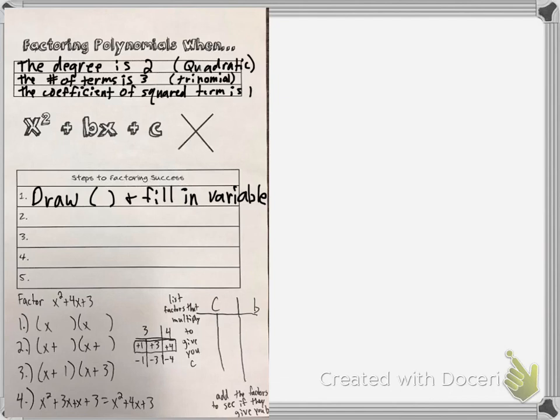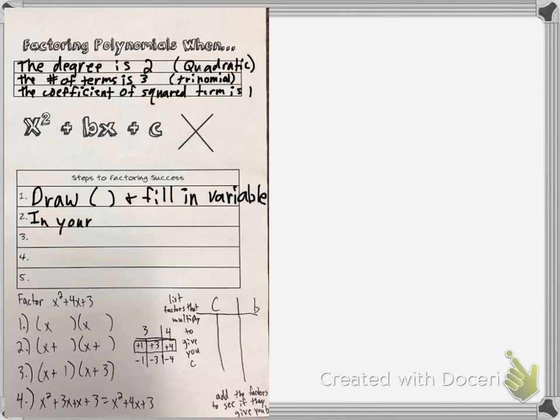If you notice at the bottom of the piece of paper I gave you, it's got a little t-chart. It's got a c value in the upper left-hand corner, a b value in the upper right-hand corner. Under my c value, there's 2 columns, and under my b value, there's 1 column. So step 2.